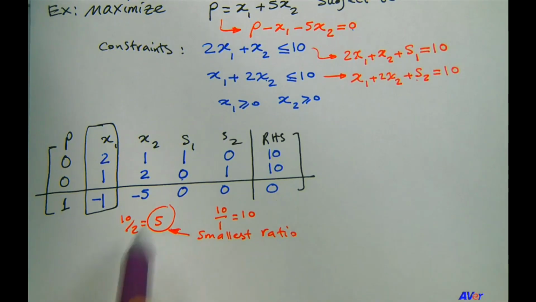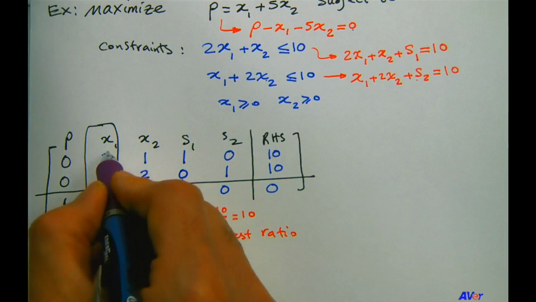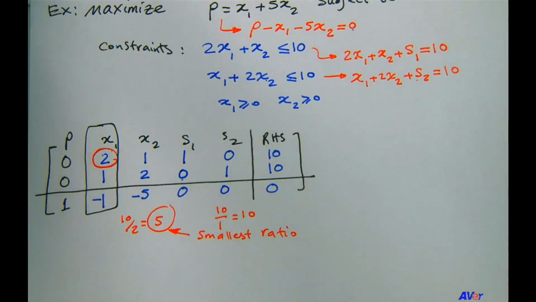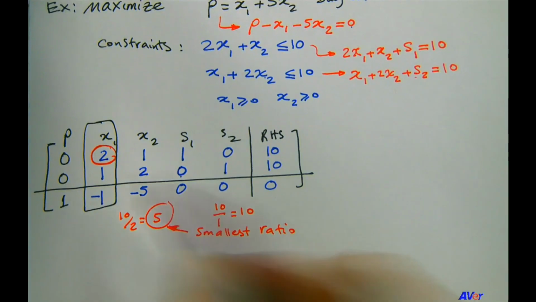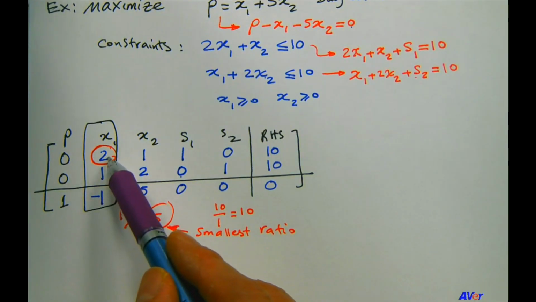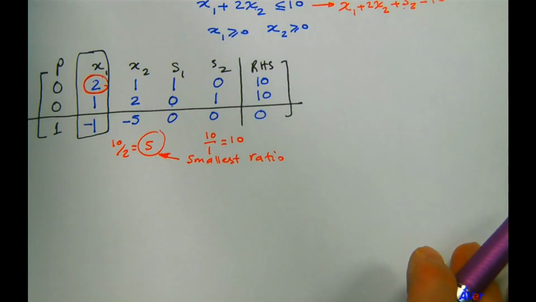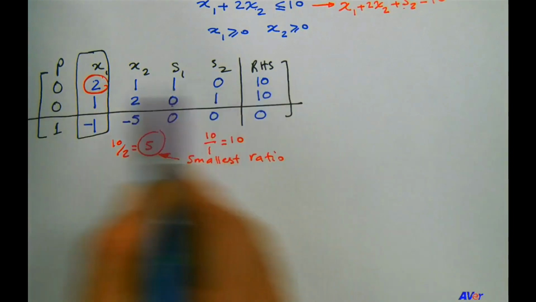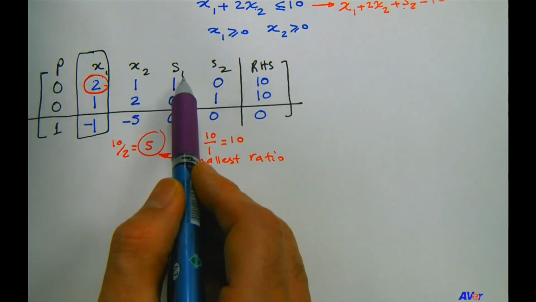Therefore, this 2 is the pivot element. So what does that mean? That means we need to convert this 2 to 1. And how are we going to be able to do that? Well, all we need to do is multiply the first row by 1/2.